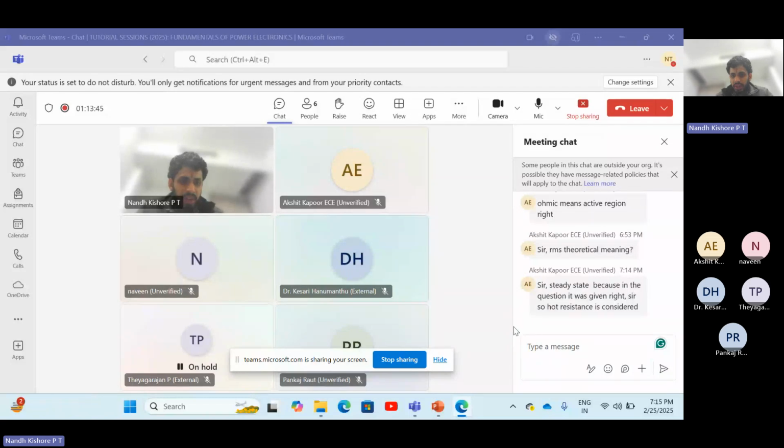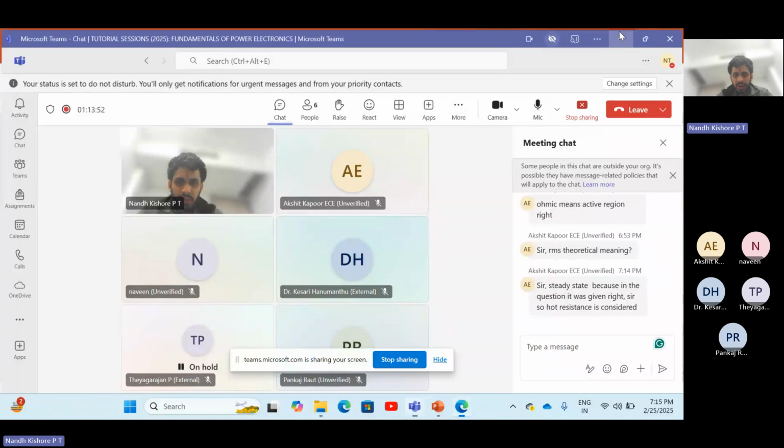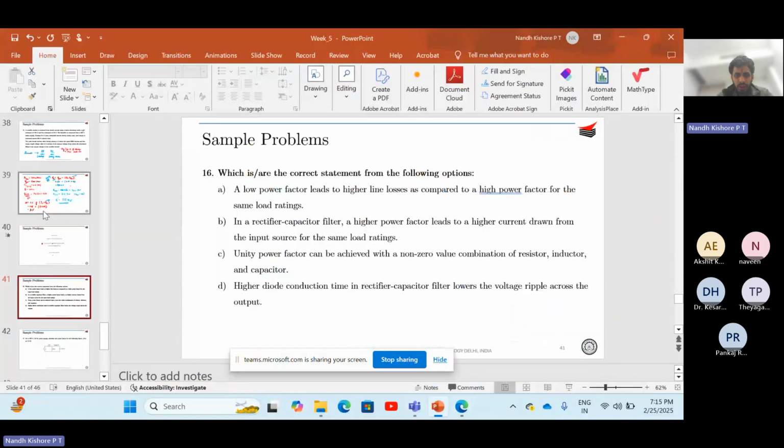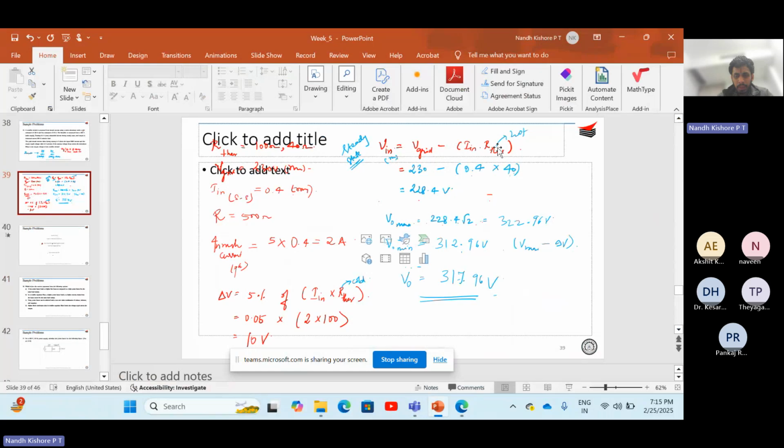Yes, steady state, because in the given question it was given, sir. So hot resistance is considered. I guess we have done it correctly; hot resistance was only considered over here.